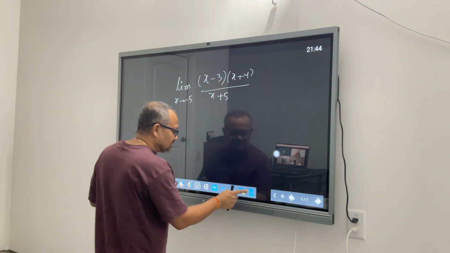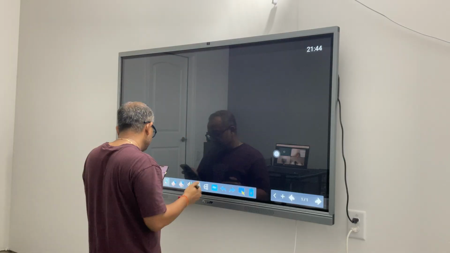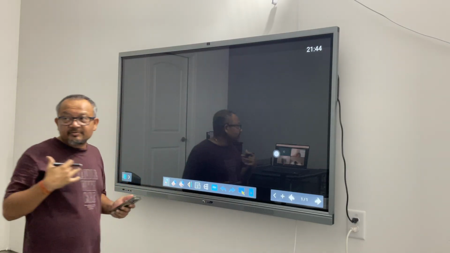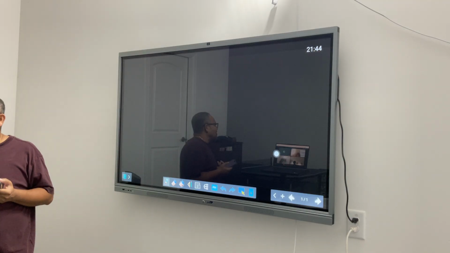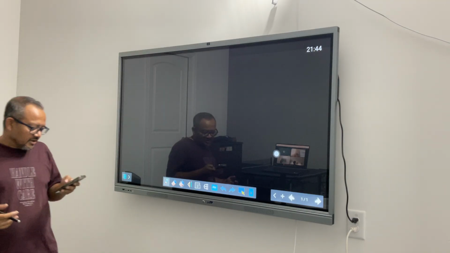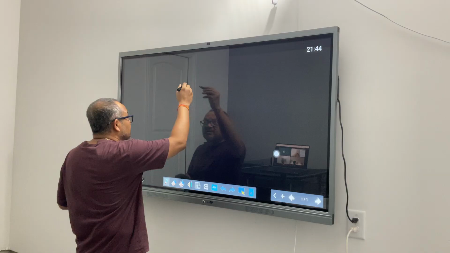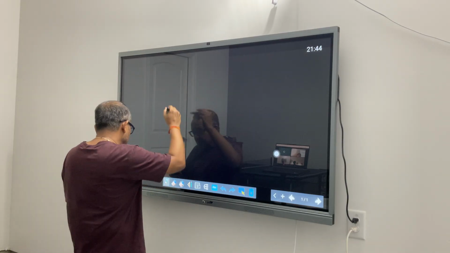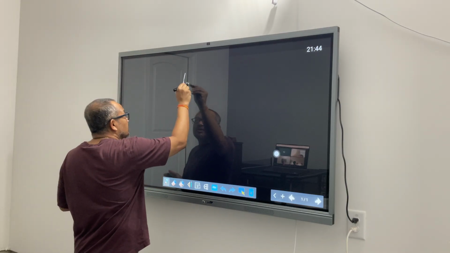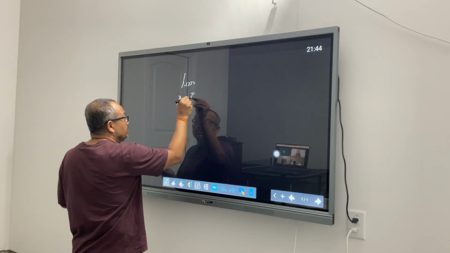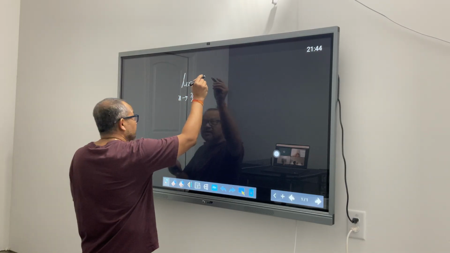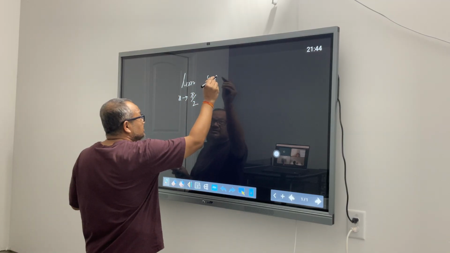Now comes an interesting one. It will make you aware of what you have learned while dealing with trigonometric functions or trigonometric identities. It is asking us to find the limit of x approaching pi over 2 for the function sec of x.